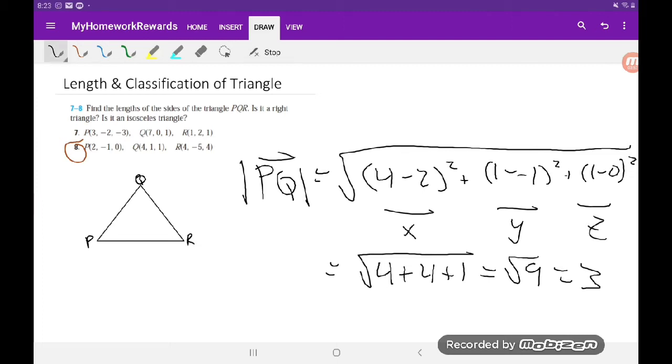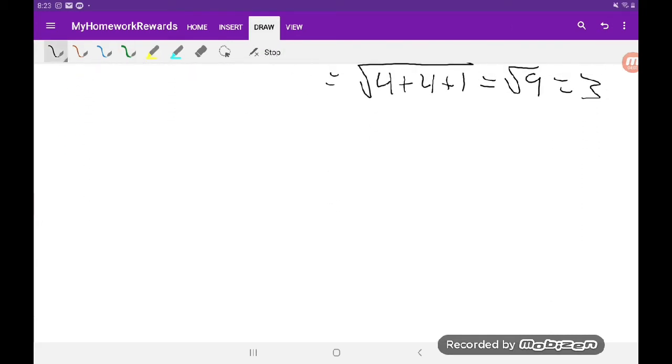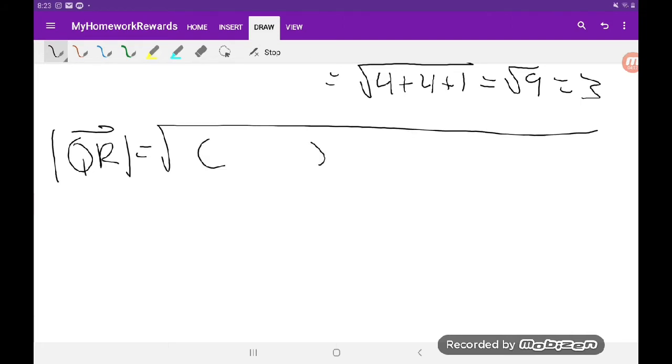So next what we'll do is find QR, since that was PQ, using the same steps. So again, we only care about the magnitude of the vector. And we want the x, y, and z coordinates of this vector. And then to take the magnitude, we square each of them, and then take the square root of that term.